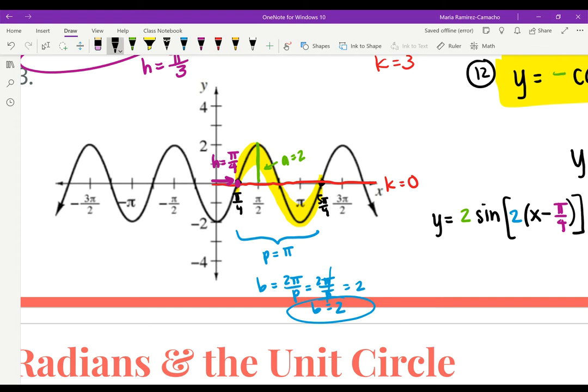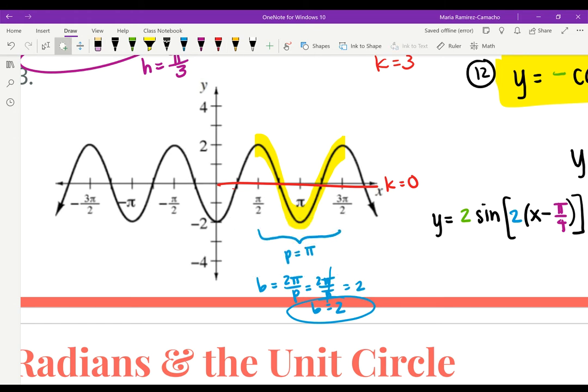Okay, that's, again, one option. If it makes more sense to you to use cosine, then let's relook at this in a different way. We'll highlight a different part of the graph. Here's one cycle of the cosine function. Notice that our midline is still at 0. Our period is still pi, so that B value stays the same. B is still 2.